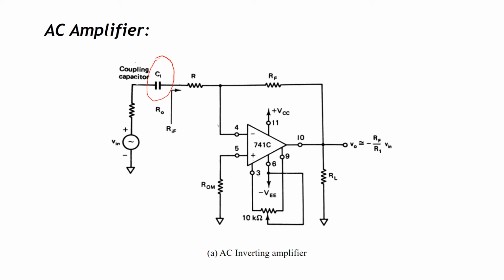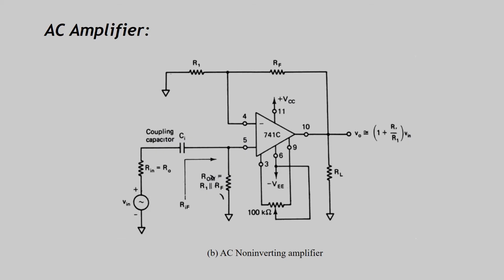The output voltage V0 is minus Rf by R1 into Vin, and this is the offset minimization circuit we discussed earlier. You can see the input here is an AC signal applied to the negative terminal. That is why this is AC, and the input-output relation is the same as that of DC amplifiers.